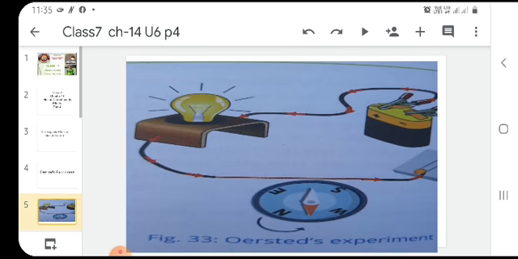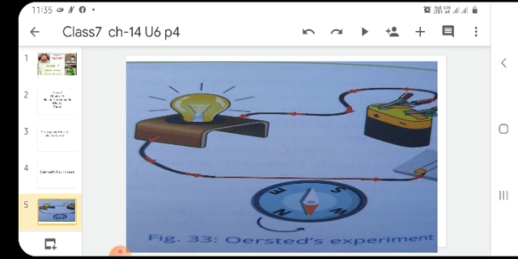Here is a picture. See, in this, when the switch is closed, the current flows through a non-insulated copper wire, and we observe the deflection of the compass needle. Oersted used this back in the 1820s.